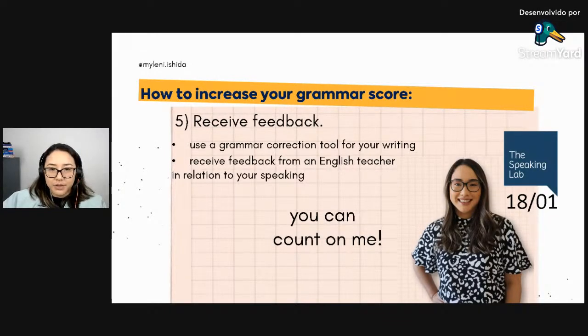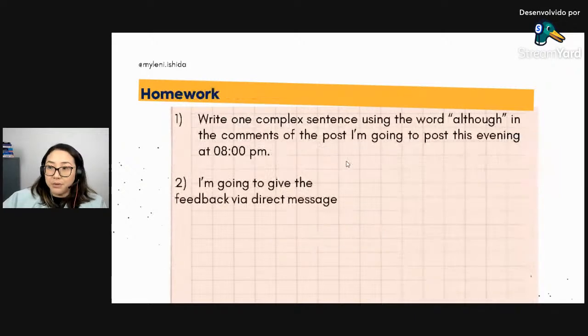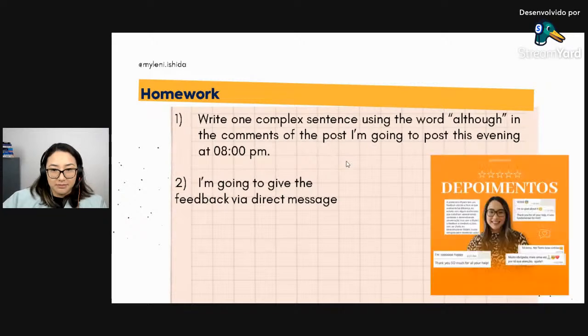We are approaching the end. You already have the password to open this file. Okay, I'm going to send it there. But you have homework. What is your homework? You are going to write one complex sentence using the word although. Okay?